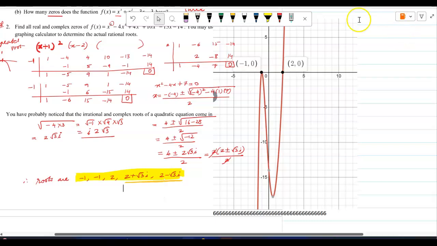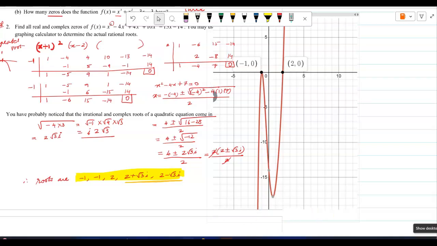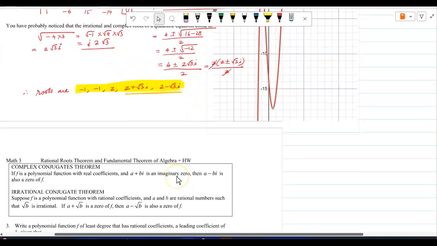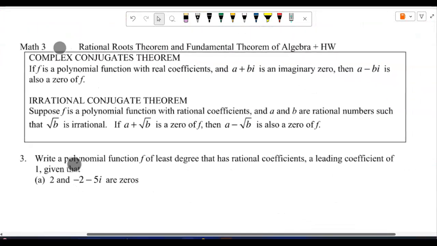The conjugate root theorem says that complex number roots always occur in pairs. If you have p plus qi, you will always get p minus qi. So if one is 2 plus 3i, the other one will be 2 minus 3i. Has to be, automatically, because of the square root. That's your complex conjugate root theorem.